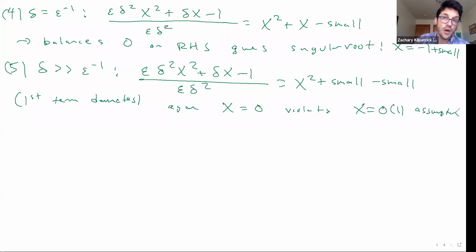All right, so you can kind of see how to build this up systematically. You could do it with a lot more granularity, right? You could take, you know, let's try delta equals epsilon to the 1/2. Let's try delta equals epsilon to the minus 1/2, and so on, right? If those sort of more standard rescalings aren't working, you might think about trying something like an iterative method. But that can be difficult also because if you don't necessarily know where to start, then you maybe won't arrive at the correct root.